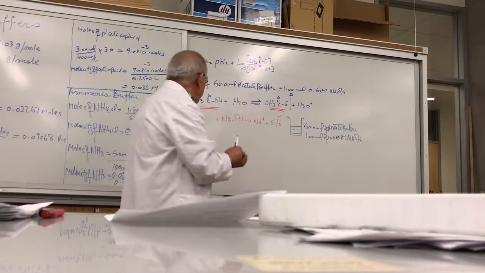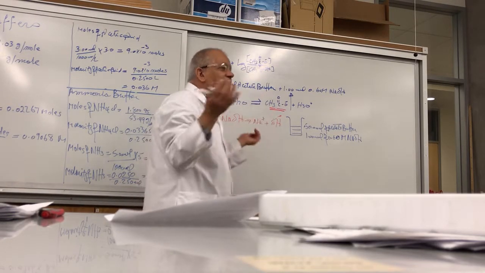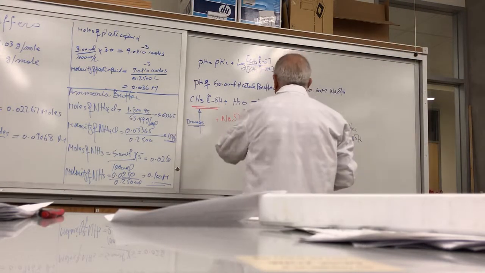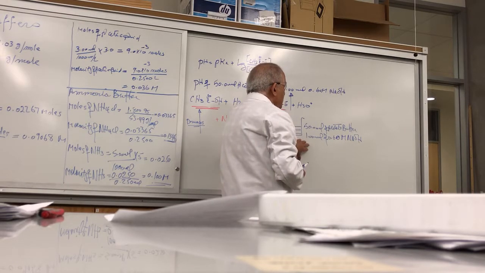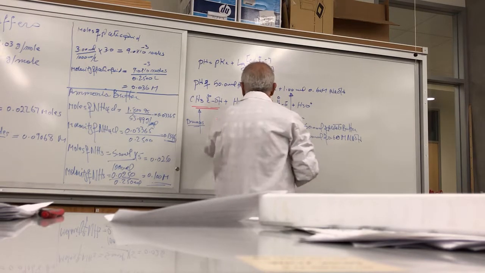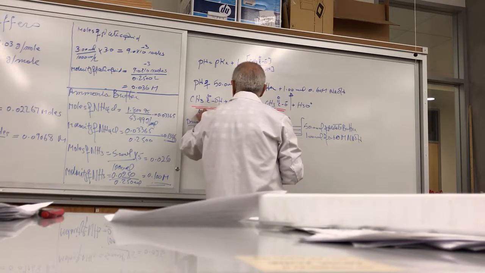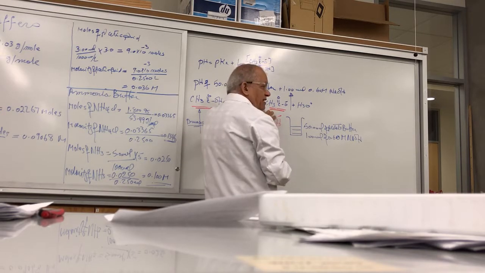So if we know the initial concentration of this, that's all we need. Then subtract how many moles of the sodium hydroxide added, and how many moles of acetic acid we started with, and how many moles of acetate ion we started with.